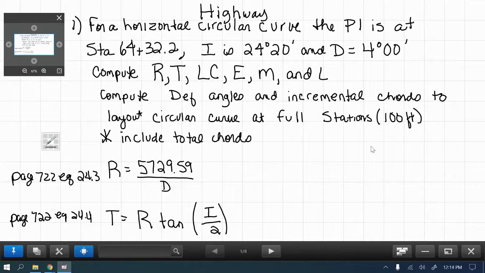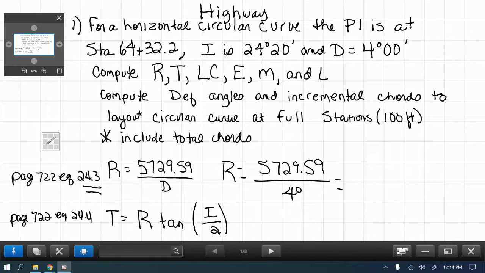So I'm going to solve for R first. I'm going to use equation 24(3) on page 720. I've got my degree of curve, so R equals, and 4 degrees. This is a nice even one. If I get that, I'm going to get 1432.39.